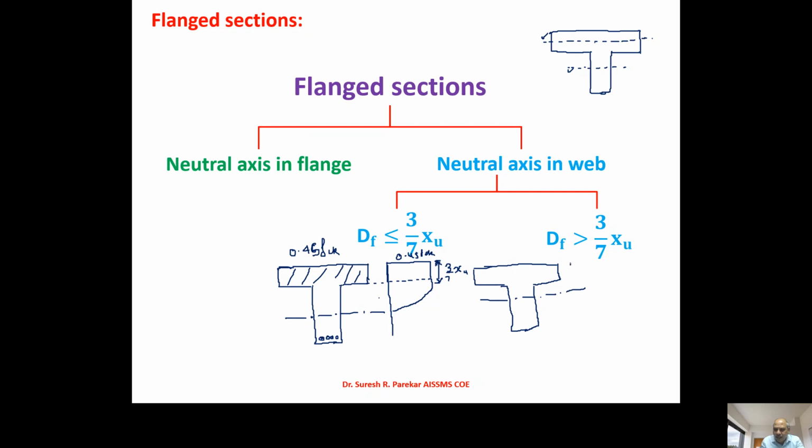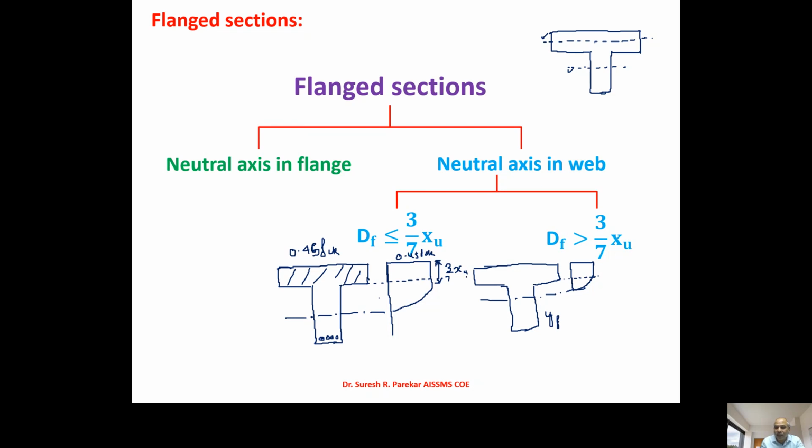Now we have df greater than 3/7 XU, which means your flange has both. So this flange is rectangle and also parabola. Then it is difficult to find the stress in concrete because it is a combination of the two. And in this case, YF is used. That YF we will see when we go to it.